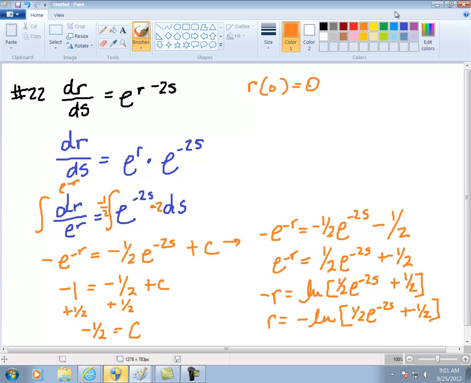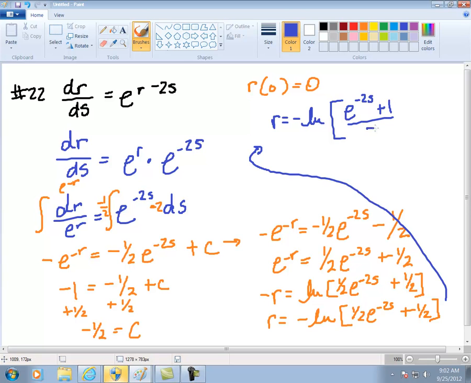I'm just going to move to the top up here, where I have a little bit more room. So I've got r equal to minus the natural log, and now I'm just going to put this under the common denominator, so that would just make it e to the minus 2s plus 1 over 2. Okay.